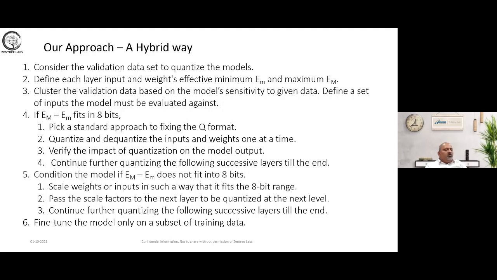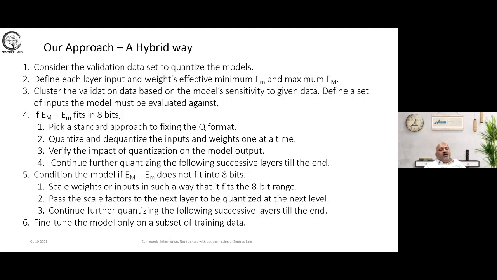For classification, out of the 50,000-plus validation data set provided by the ImageNet data challenge, we were able to pick hardly 200 samples. So we were able to speed up this process.